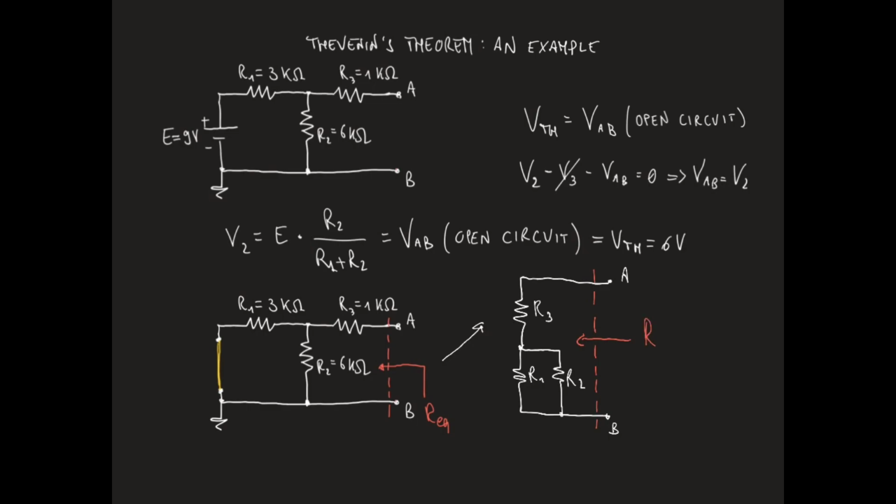Therefore, the equivalent resistance by inspection of the circuit will be equal to R3 plus R1 parallel R2. If you do the math, you will find out that this yields 3 kilo ohm, which is exactly the same result we got before when calculating the short circuit current between nodes A and B. So again, RTH is equal to 3 kilo ohm.